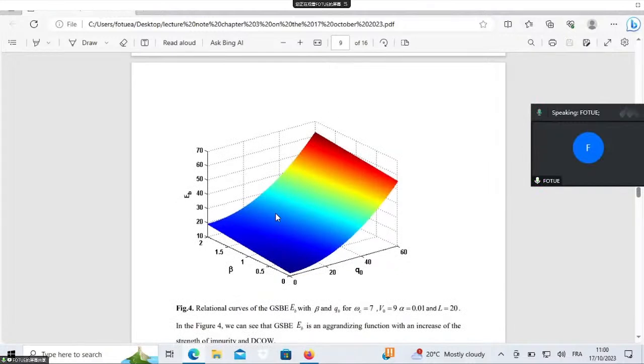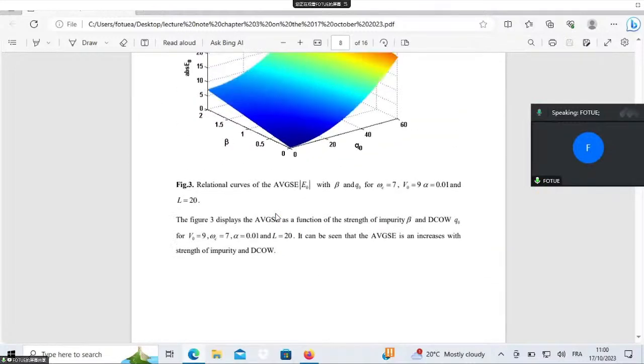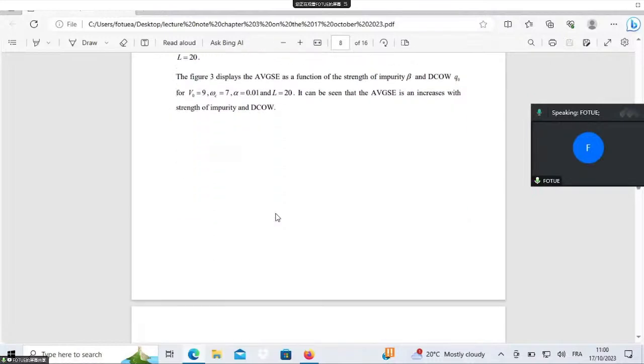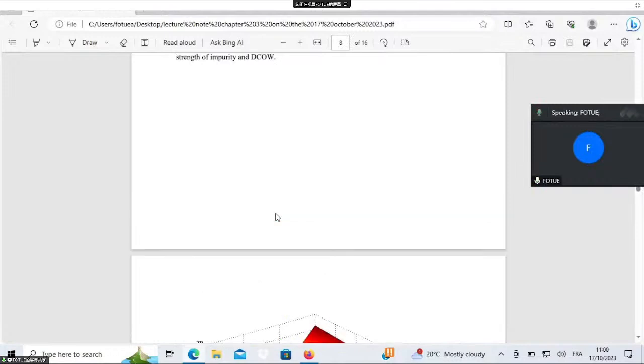That's why normally, as we are dealing with the ground state, the first excited state and the other excited states, the ground state energy indicates the general behavior of the structure. That's why the binding energy exhibits the same behavior as the ground state energy.